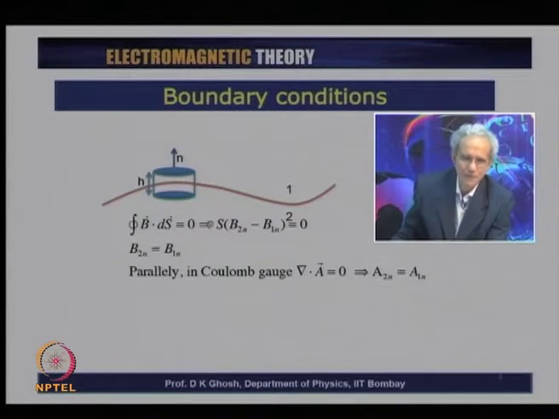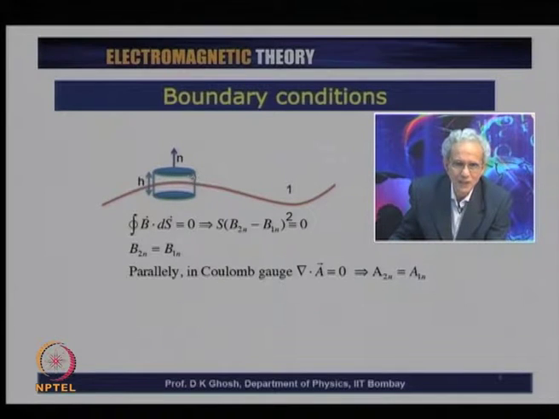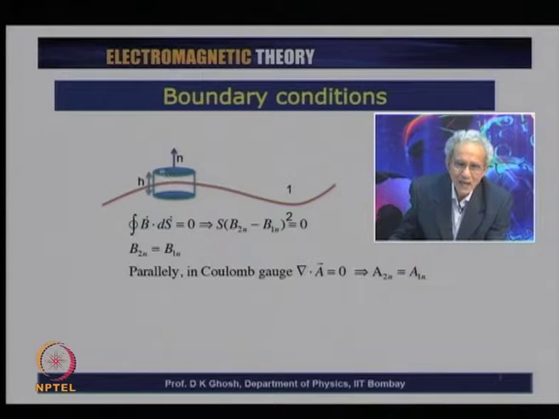When you calculate the surface integral of the magnetic field B dot dS, since h is very small compared to, let us say, the radius of the cap, the contribution from the curved surface of the pillbox is equal to 0.